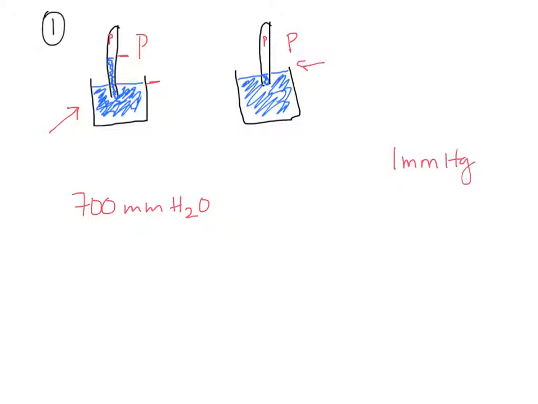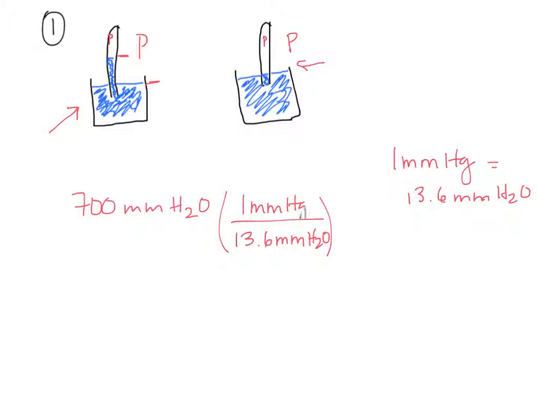For the force that can lift 1 millimeter of mercury, that same force can lift 13.6 millimeters of water. Okay, so those are equivalent to each other. So to convert this from millimeters of water to millimeters of mercury, I put the 13.6 millimeters of water with the 1 millimeter mercury on top.